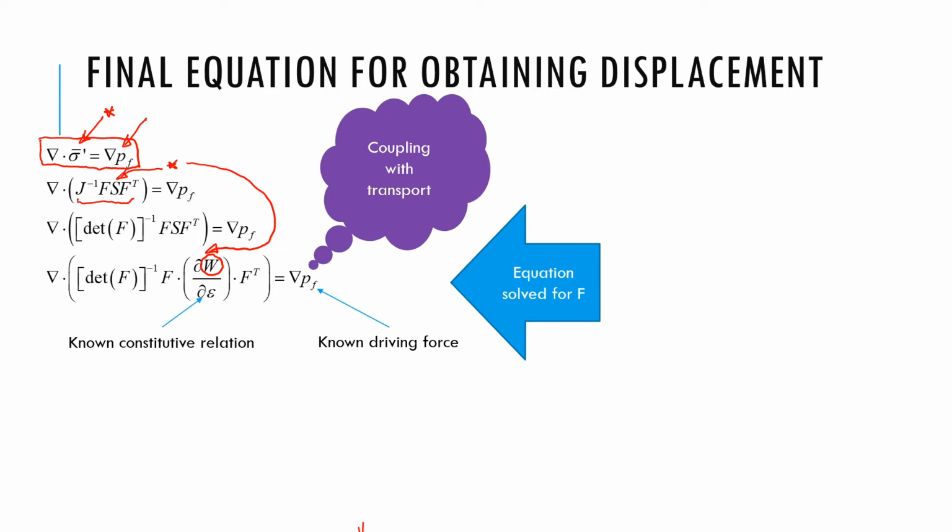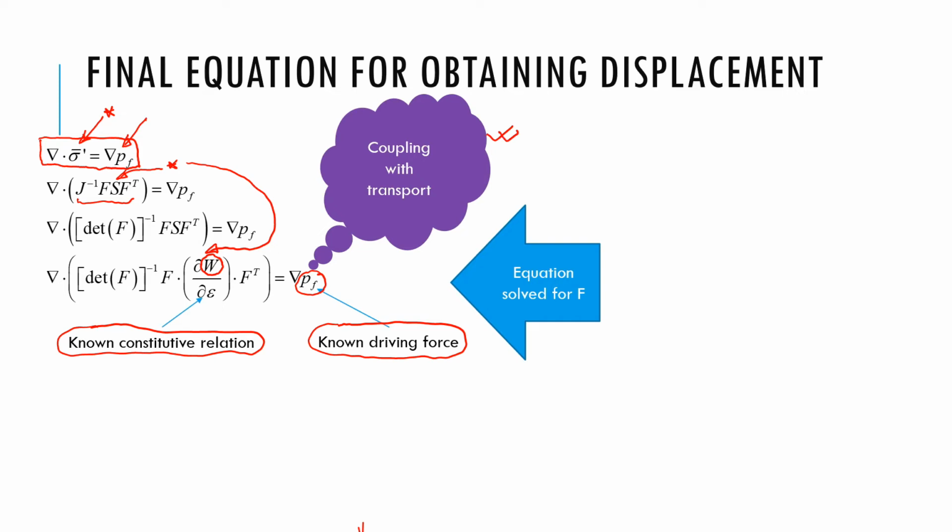So the stress is now related to this strain using some sort of a constitutive relation, and then the driving force is the fluid pressure, and that comes from transport, and that's how it couples with transport.